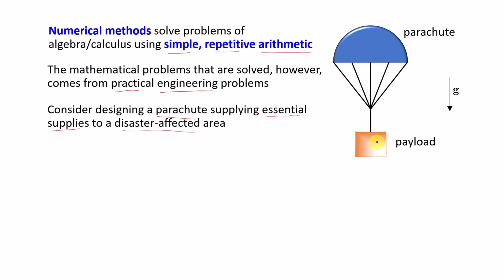Sometimes we use a parachute and we do an airdrop. We cannot directly drop the payload because then it will be destroyed through impact. Now, if we want to design such a system, it will be a very complex process and we will not go through that complex process here. That is not the purpose of this course. But let us take up a small aspect of that.